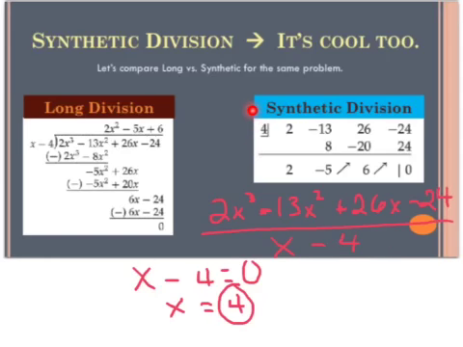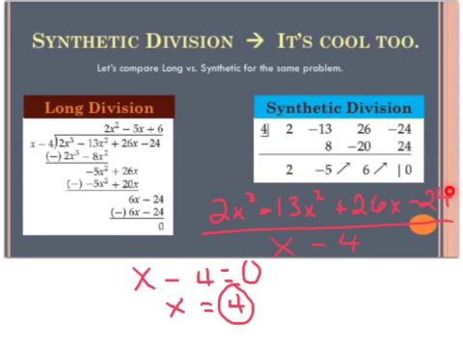So the 2 corresponds to the 2x cubed, negative 13 corresponds to the x squared, 26 corresponds to the 26x, and negative 24 corresponds to negative 24. Notice it's still in degree order, 3, 2, 1, and 0.